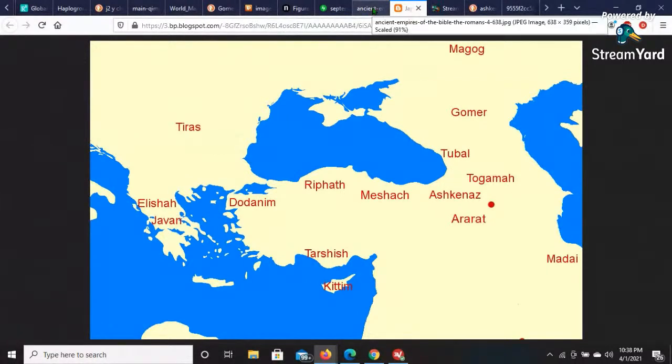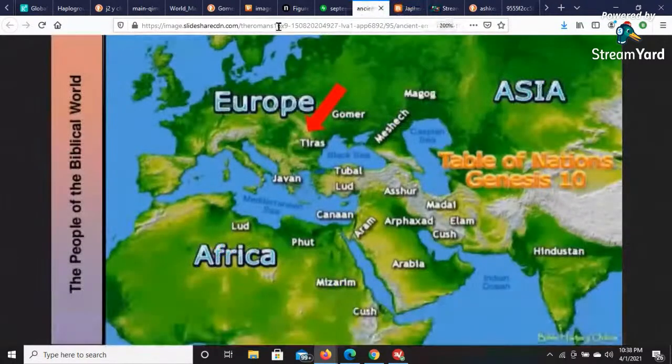So let's go ahead and just go to the main map if we can. We have all these peoples here. Let's see what we have. We have Gomer up here, that's in the right place. We have Magog here, that's in the right place. Meshech and Madai and Tubal.